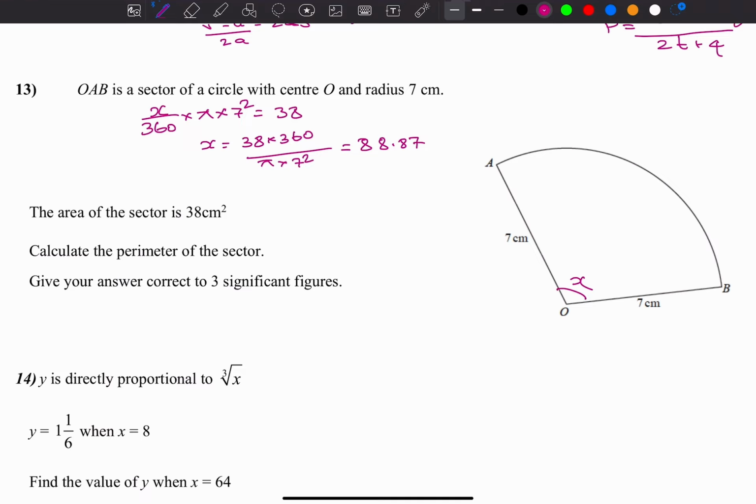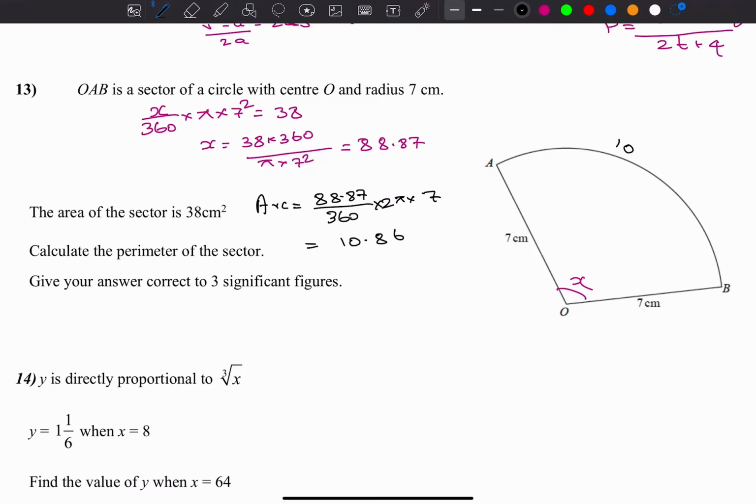So you want the arc length, let's say. The arc length is angle 88.87 over 360 times 2 pi times r, where r is 7. So the arc length is 10.86.